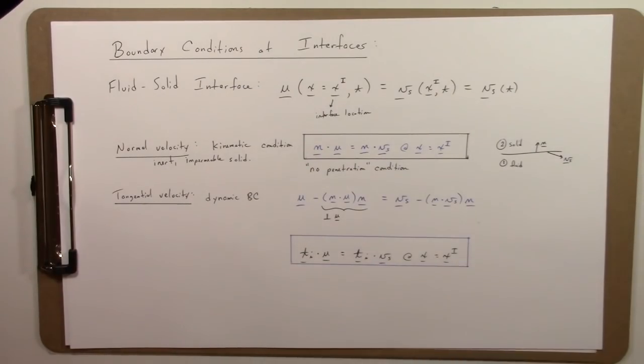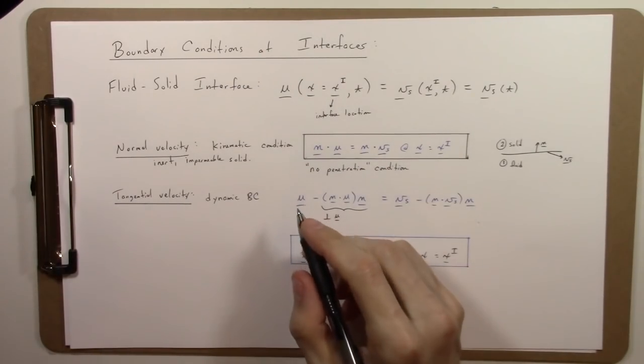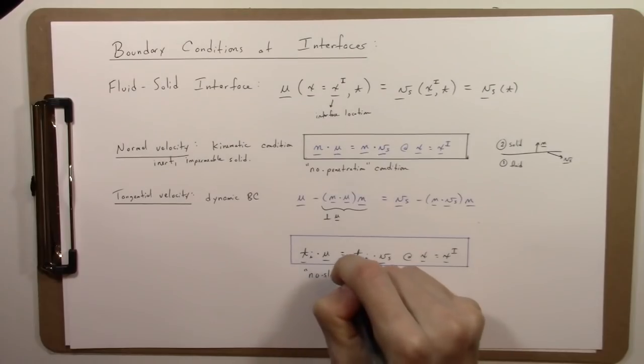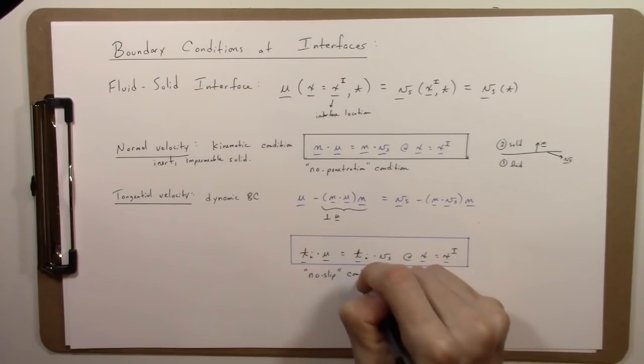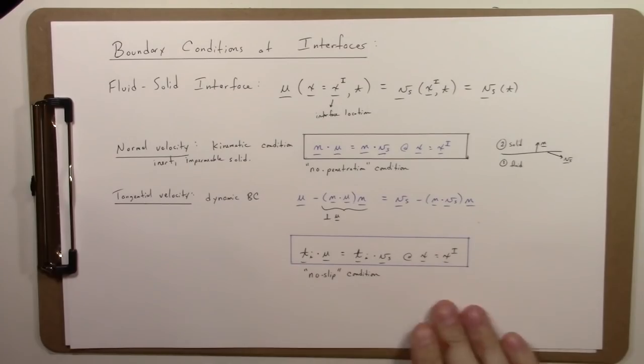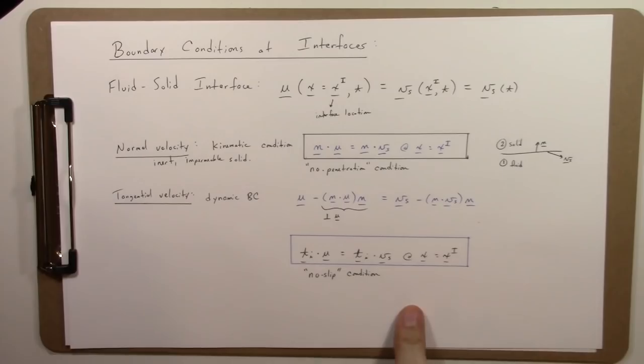This expression is known as the no slip condition. We're assuming that when the fluid is touching a solid surface, there's no relative tangential motion. The fluid molecules touching the solid have the same velocity in the tangential direction as well as the normal, and the tangential component gives us no slip.